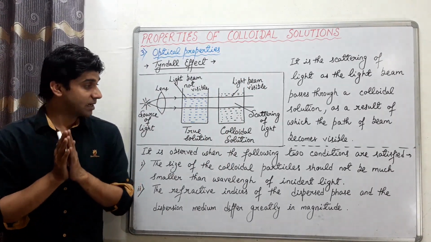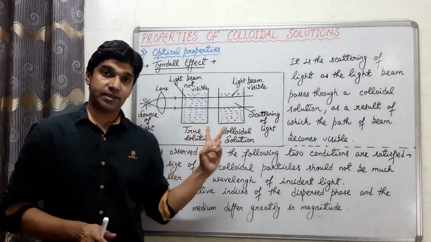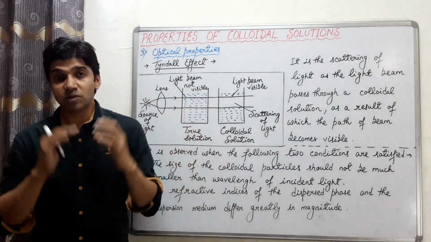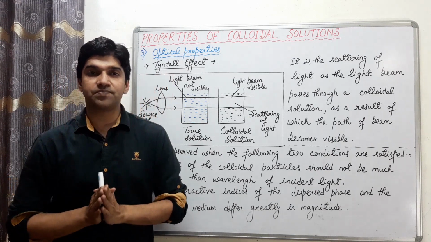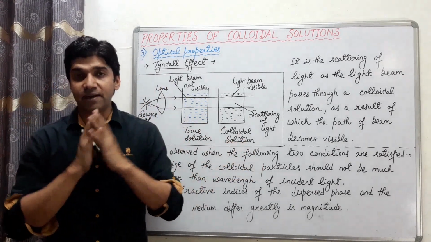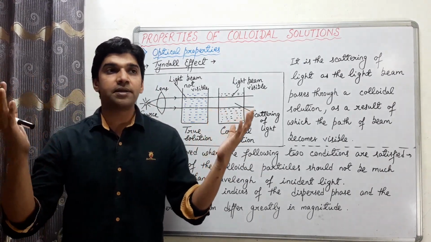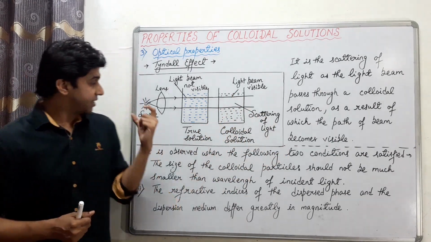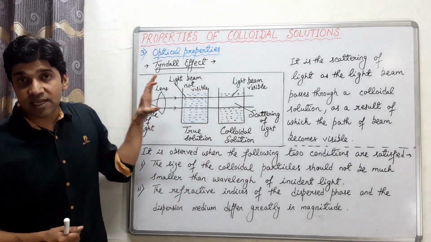तो सपोज करो हमारे पास यहाँ पे दो सॉल्यूशंस हैं, एक तो है ट्रू सॉल्यूशन और एक है कोलाइडल सॉल्यूशन. सपोज we have copper sulfate solution or a sugar solution, that is a true solution. And if we have taken milk or a soap solution, that is a colloidal solution. So we have taken a source of light and a lens to converge the light here.